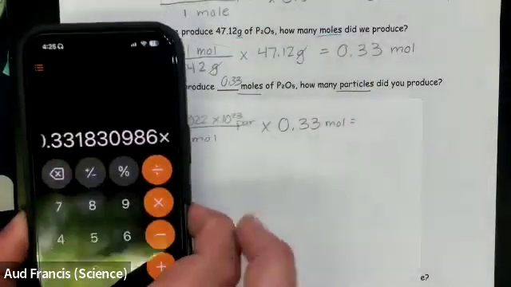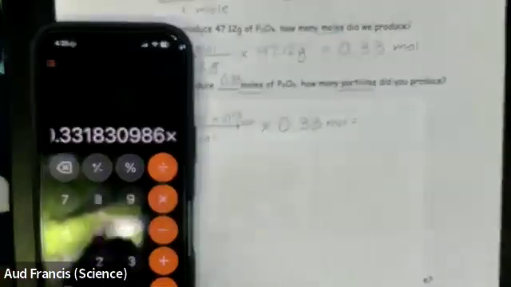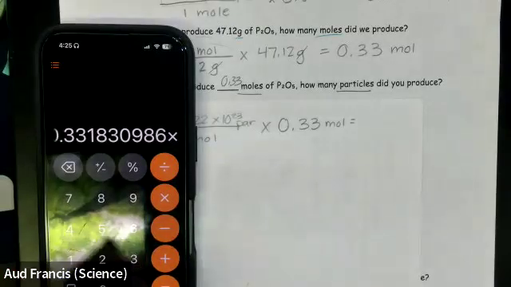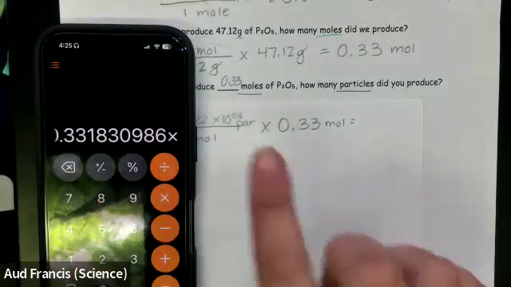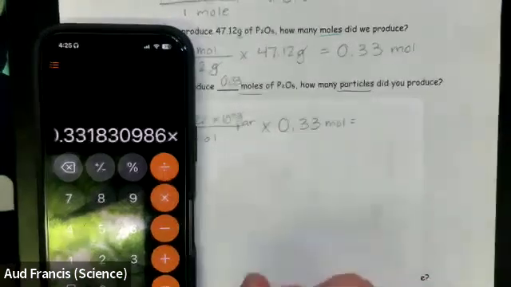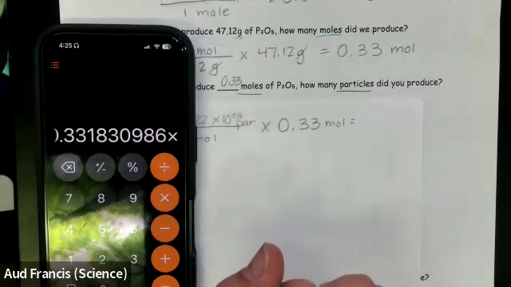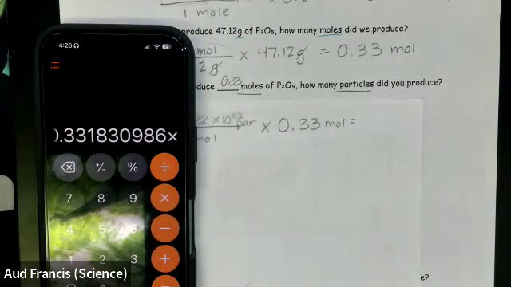Admittedly, we may get slightly different numbers if you rounded better than I did, because I just hit times on my calculator. If you actually wrote in 0.33 into yours, your number might be a little different than mine, and that's okay. We talked about this in class, but your periodic table might vary slightly from table to table.